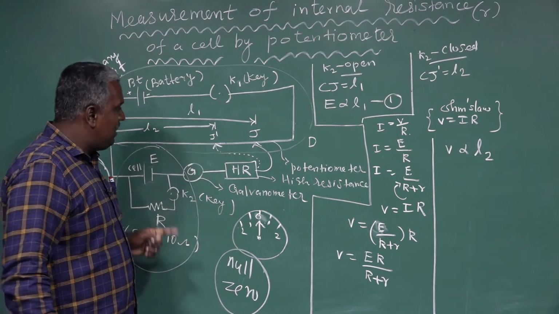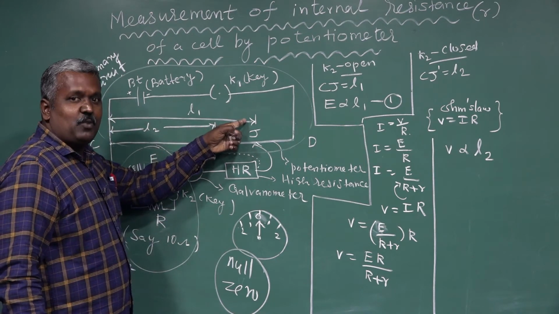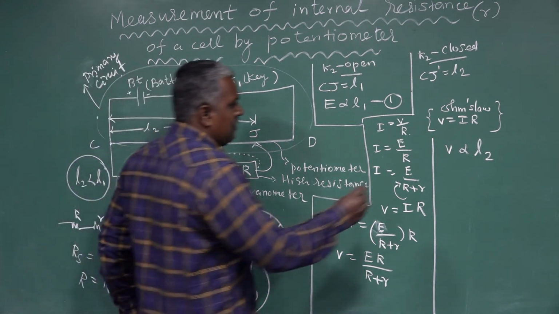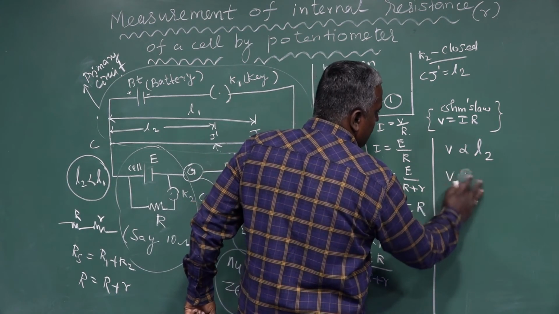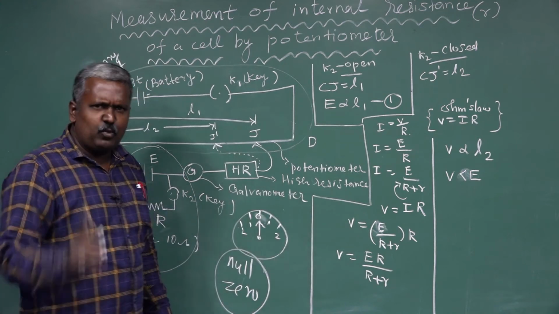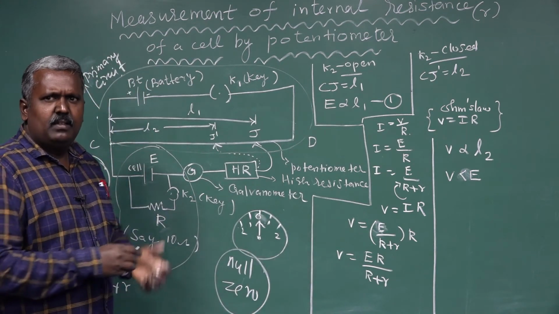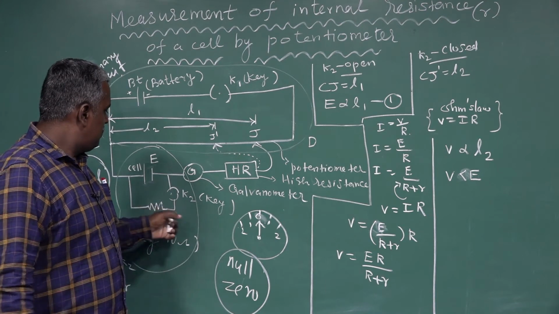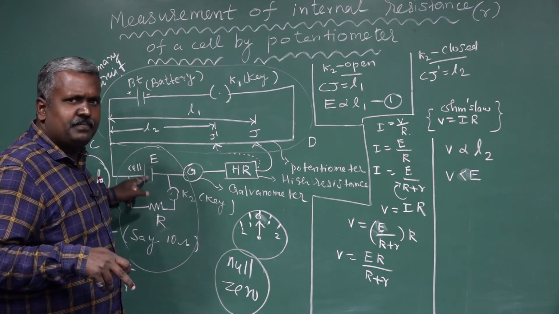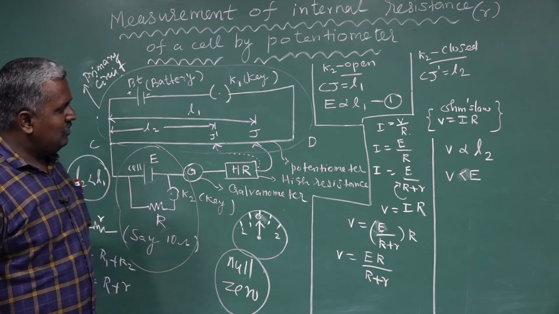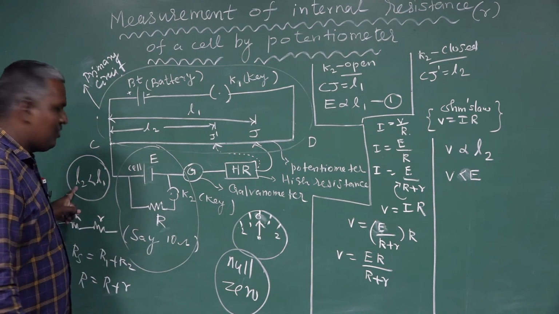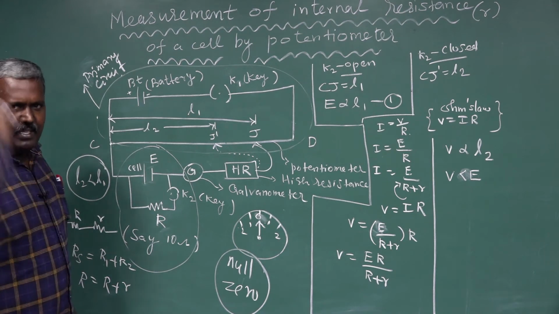In open circuit it is E, in closed circuit V. Always V is less than E. Keep in mind, one point: the potential difference across the resistor is always less than the EMF of the cell. So the balancing length also decreases, no? Yes, it decreases.